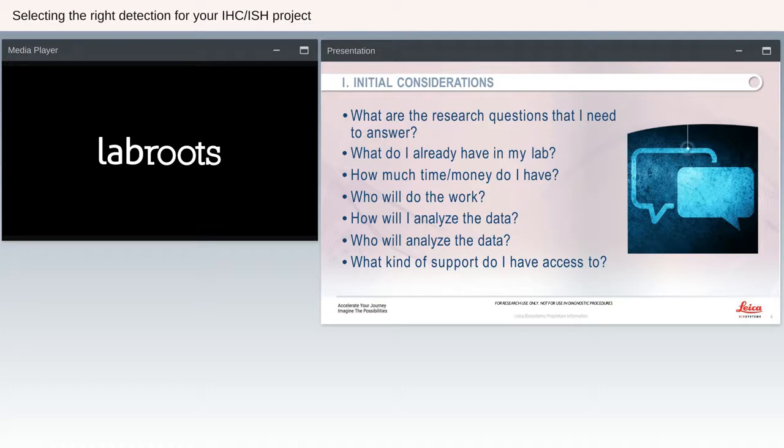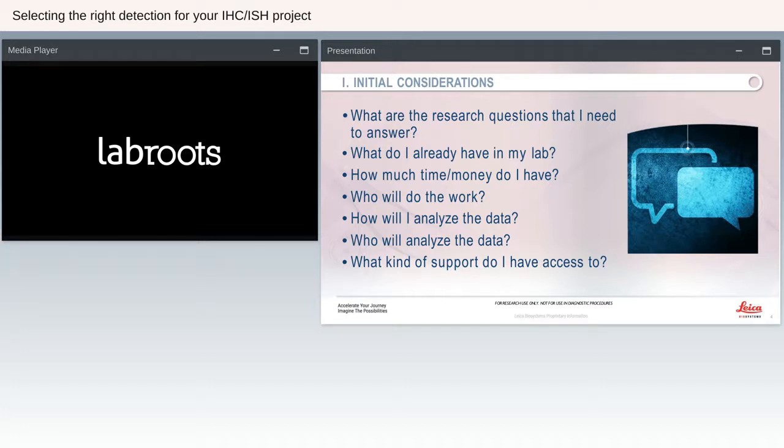Next, a good question is to know what's already in your lab that you have at your disposal. So what kind of microscopes do you have access to? What kind of reagents do you already have in-house? That leads directly into the next question of how much time and how much money do I have? So what is your budget for the project? Can you afford to try something new?